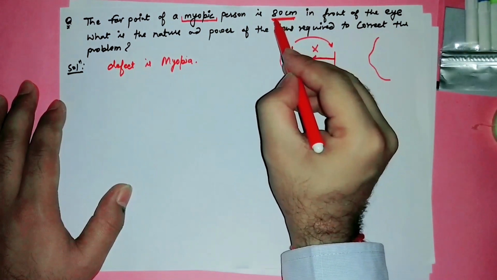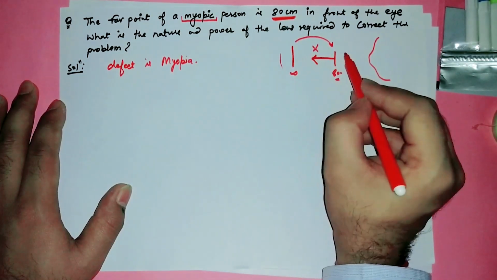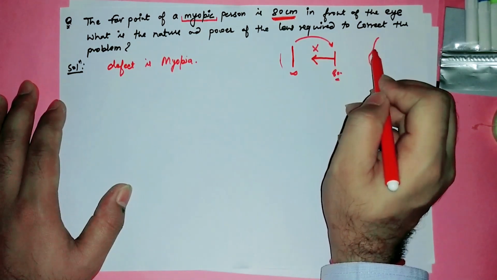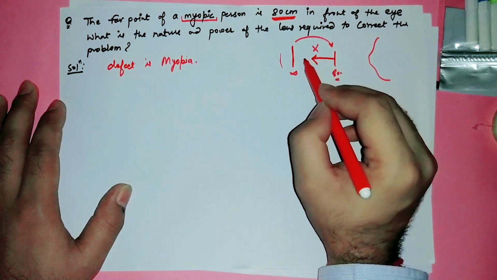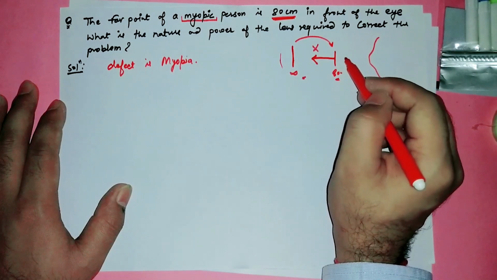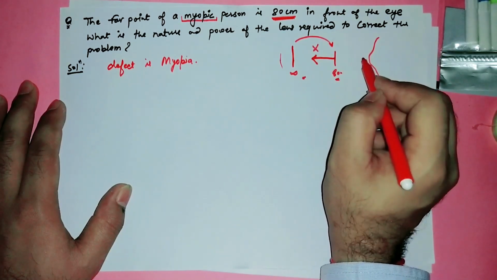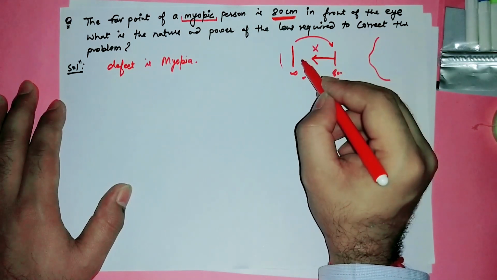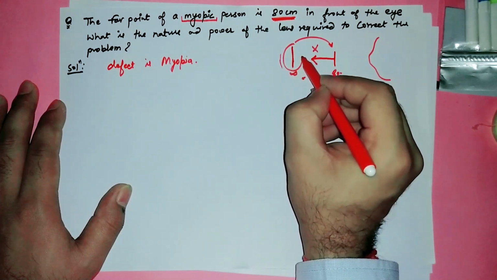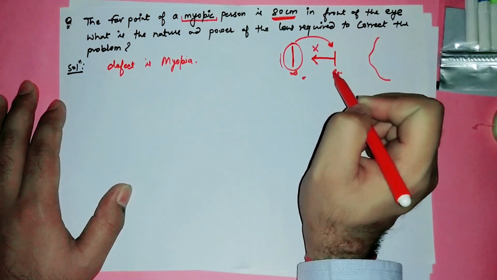Its far point is 80 centimeter, and in myopia up to 80 centimeter he or she can see, beyond this we can't see. This is the defect, means a person can't see the far away object. The object nearer than 80 centimeter will be clearly visible, but the object beyond 80 centimeter will not be clearly visible. So we want the object placed at infinity, its image should be formed at 80 centimeter. So this is our first goal.